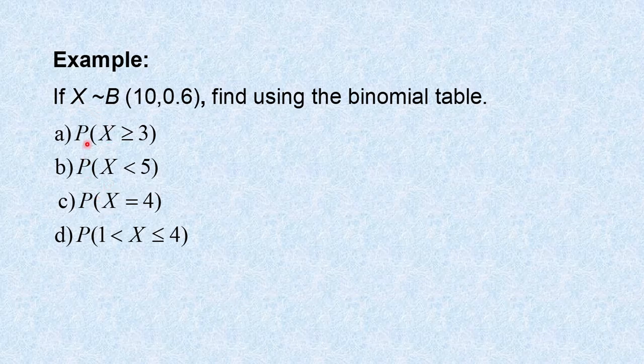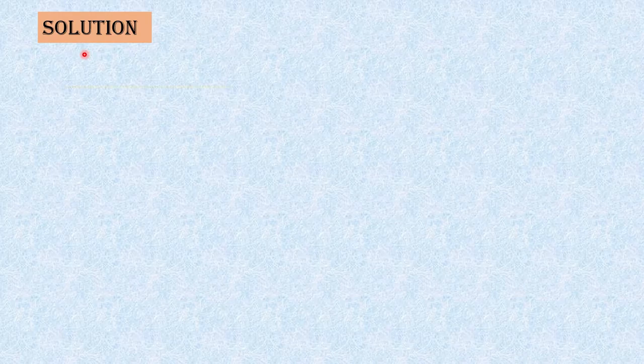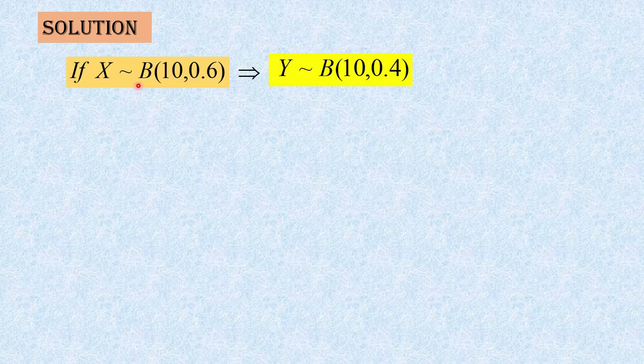So what is the answer for A? If X is a binomial distribution, n is 10, p is 0.6, we need to change to Y. Y is a binomial distribution, n equals to 10, and the value for q is 1 minus 0.6, that is 0.4.